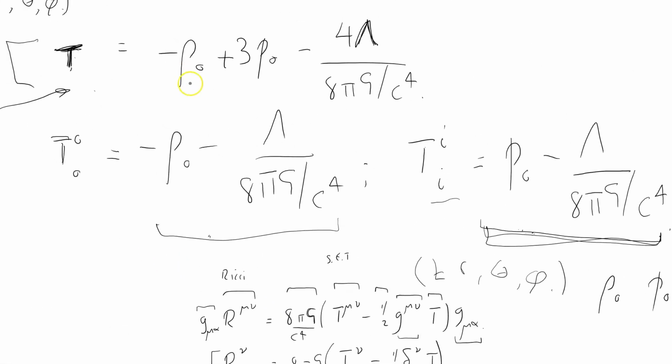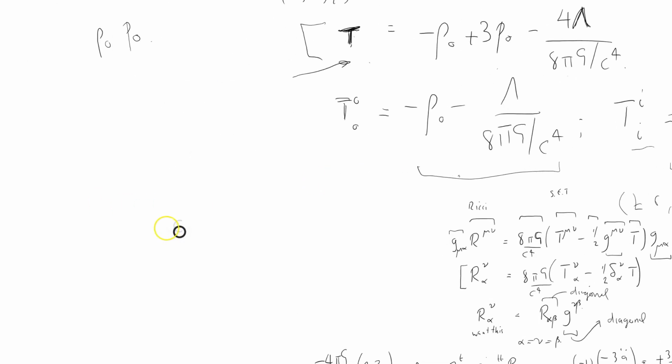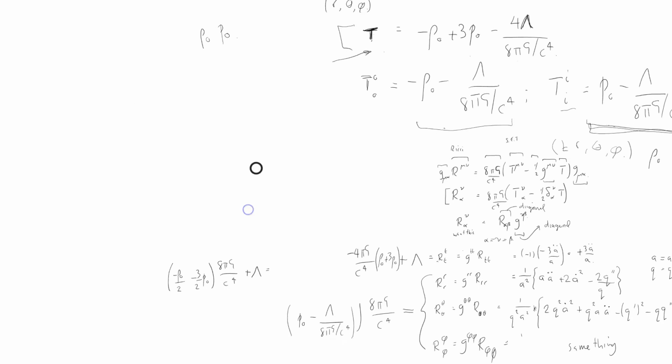What's the stress energy scalar? It's this thing here. And it was minus a half, wasn't it? So down here, minus a half times minus rho 0 plus 3p0 minus 4 cosmological constants over 8 pi G over c to the power 4. Plus that.